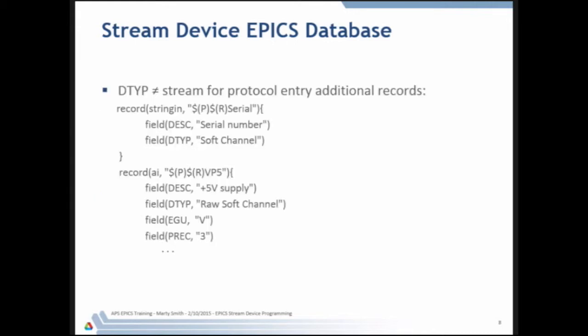I like to call it a function, although they call them protocols. For the records where the DTYP is not set to stream, like I said before, you can use those. The first one, for example, would get the serial number. In the protocol, you would have an in command, and you would format that as a number and send it to this record.